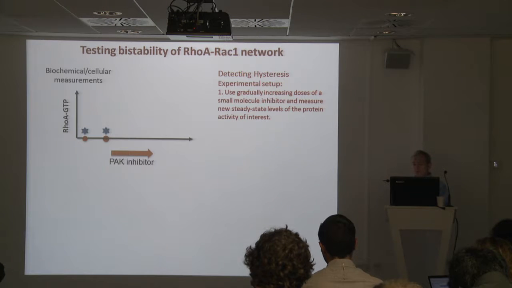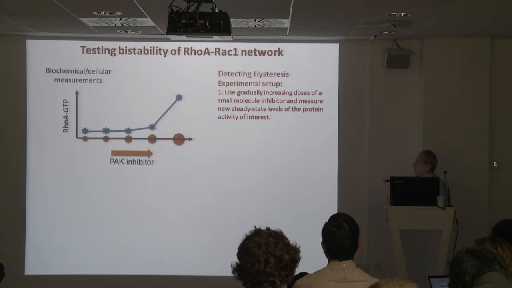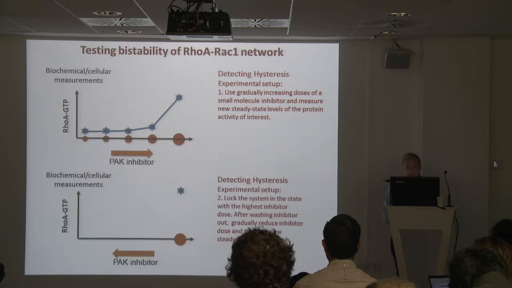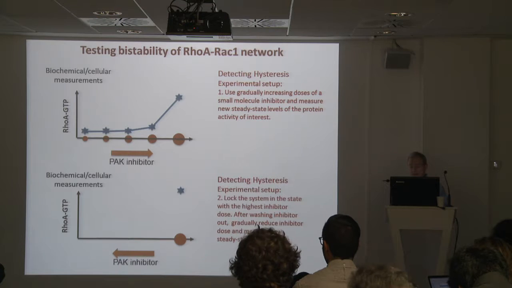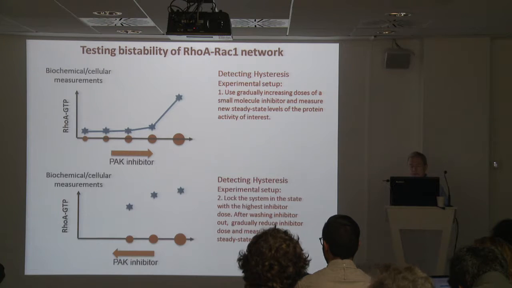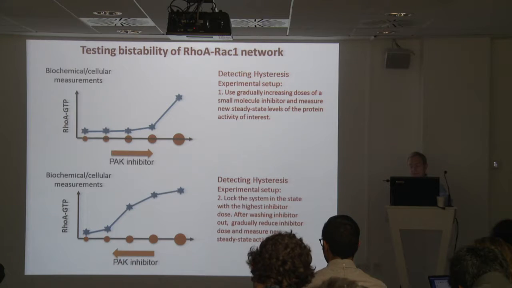So you do some perturbation, in this case a PAK inhibitor, and at some level you should see a switch. In this case, the switch is that the RHO GTPase level goes up. Then you fix the system here, and then you go in the opposite direction. Now you decrease the PAK inhibitor, and when you do this, you should go by a different path.